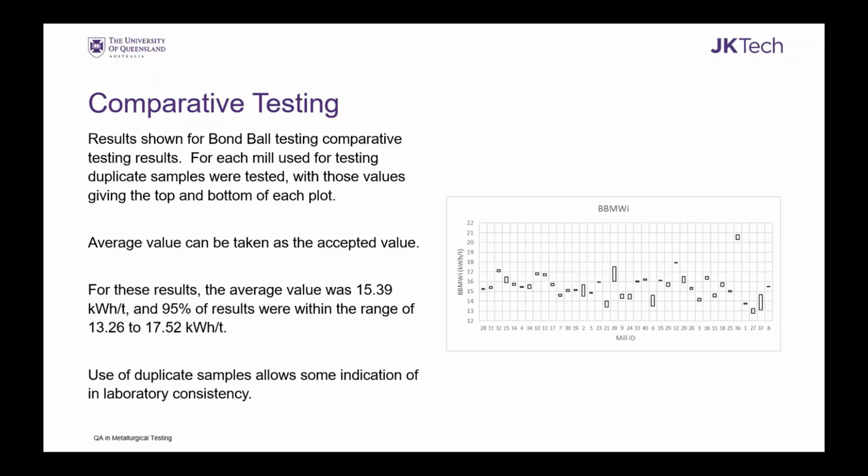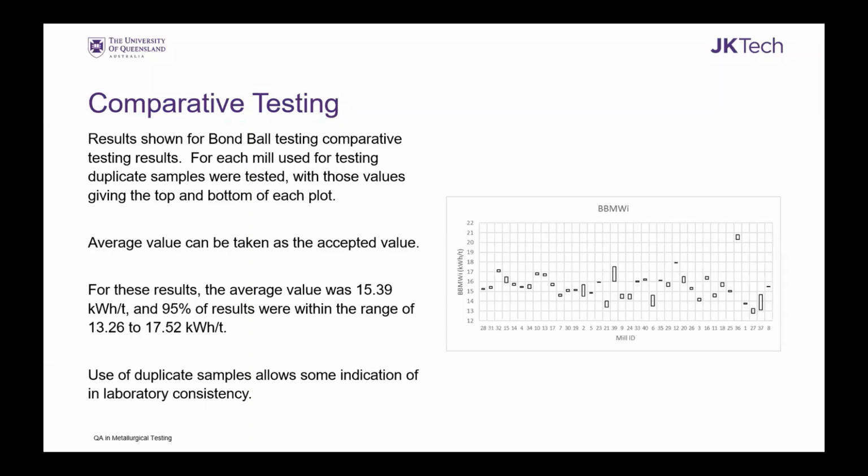Just as an explanation of that plot, along the bottom you've got the various mills that were used in the testing program. Most labs used one mill. There were a few labs that had a couple of mills in there. Each mill was used to do 2 samples, and the 2 work index values received are the top and the bottom of the boxes for each mill.